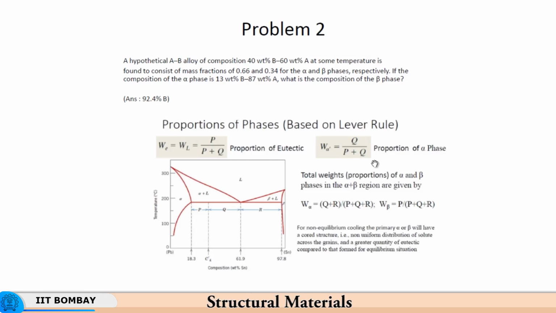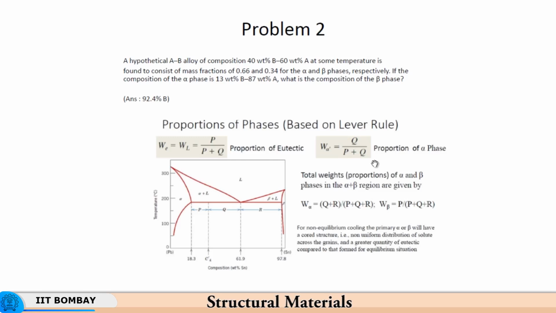One can use the lever rule to find the chemical composition of each of these, because now you have defined the chemical composition and some temperature. They have not said what the exact temperature is. So now we need to find out at what point.